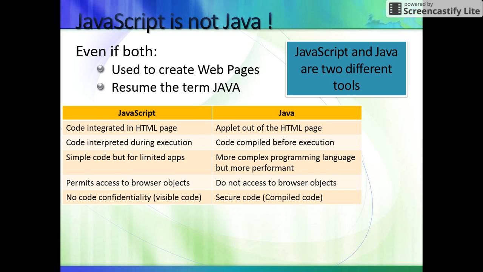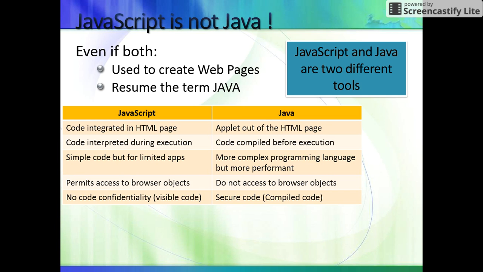In this table, we can see 5 elements that make them different. In JavaScript, the code is integrated in the HTML page, whereas Java is a programming language of applets which are outside of the HTML page. JavaScript code is interpreted during the execution of one page, whereas Java is code compiled before execution.